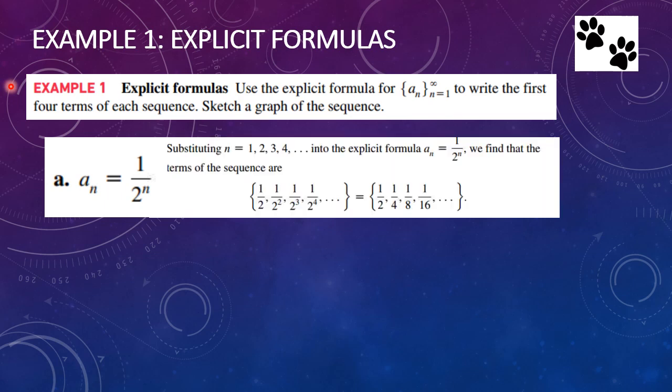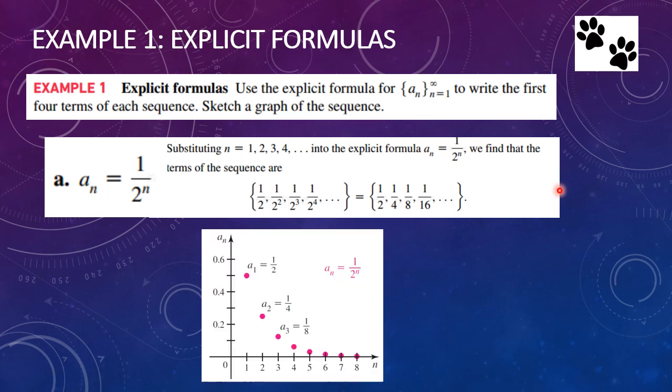So substituting n equals 1, 2, 3, 4 into the explicit formula a sub n equals 1 over 2 to the n, we get 1 over 2 to the 1, 1 over 2 to the 2, 1 over 2 cubed, 1 over 2 to the 4th. When we calculate those out, we get 1/2, 1/4, 1/8, 1/16. When we graph those, we can see a sub 1 is 1/2, and then 1/4, and then 1/8, and then 1/16.